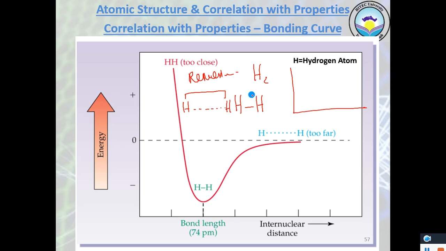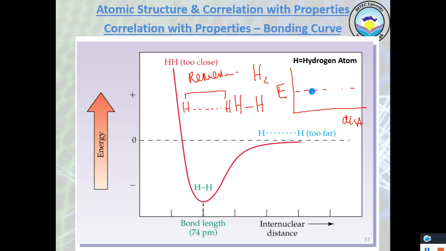And if atoms are very close to each other, there will be very high attraction forces. So try to locate it on the graph. This is your interatomic distance and this is your bond energy, okay, and this is your mean line.